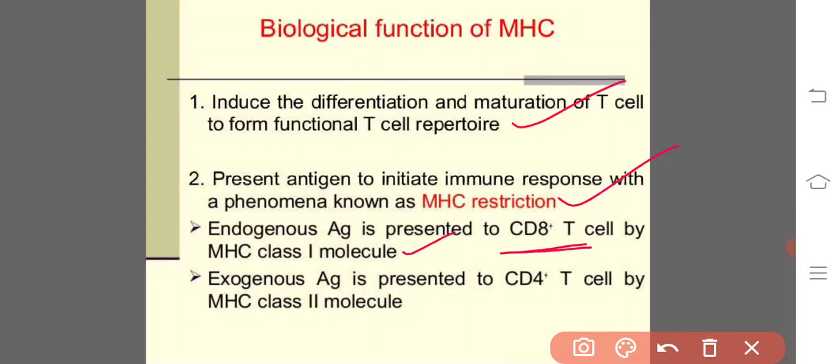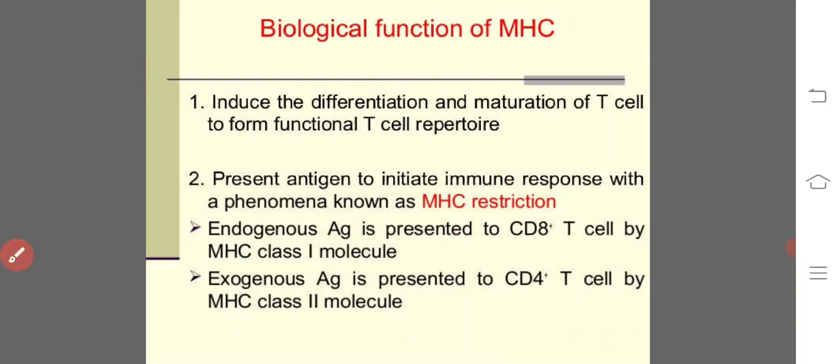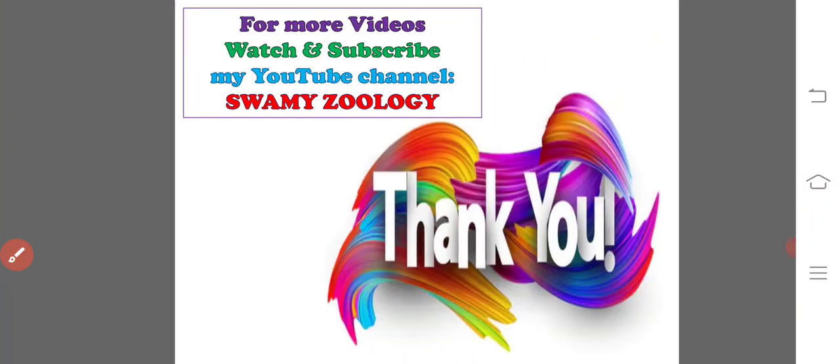It is restricted: the MHC class I molecule should present its antigen to CD8 T cells only, cytotoxic T cells only, whereas the exogenous antigen is presented to CD4 T cells, that is the helper T cells, by the MHC class II molecule. So there is a restriction of the MHC in presenting the processed antigen.